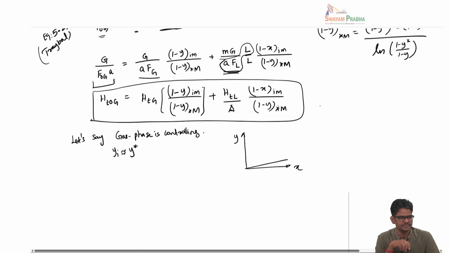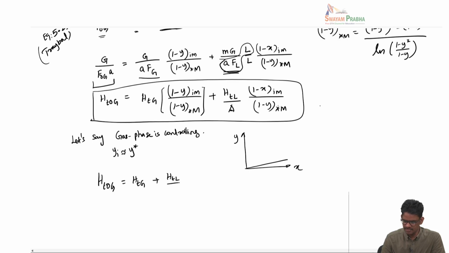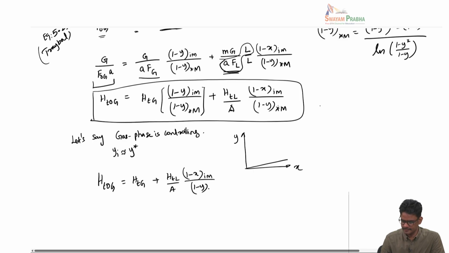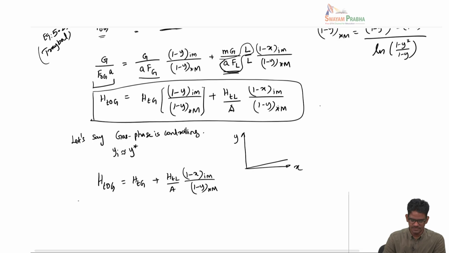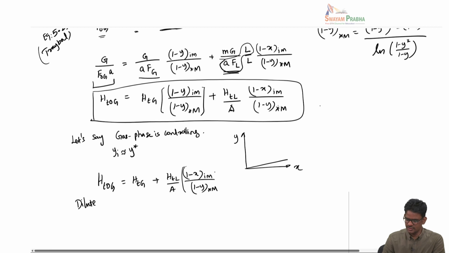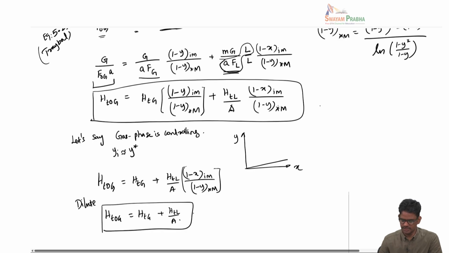They are equal. So in that case I can write HTOG is equal to HTG plus HTL by A, and this term remains. And then if you want to make one more assumption, that these mixtures are entirely dilute, then this entire term can be approximated to 1, and you get HTOG is equal to HTG plus HTL by A. This is what you would have got in the first place if you had used K-type mass transfer coefficient.